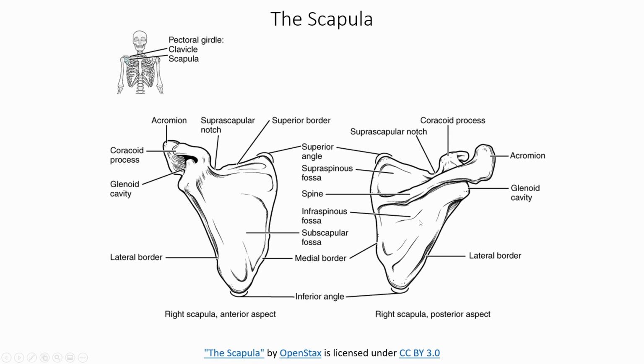The infraspinous fossa, just below that, and then the subscapular fossa is down at the bottom of that. And then we have the lateral border, which is the one that goes at the angle, the inferior angle, which is that very bottom point, and then the medial border coming up and around. Right, lateral and the medial borders are named based on where they fall along the midline.